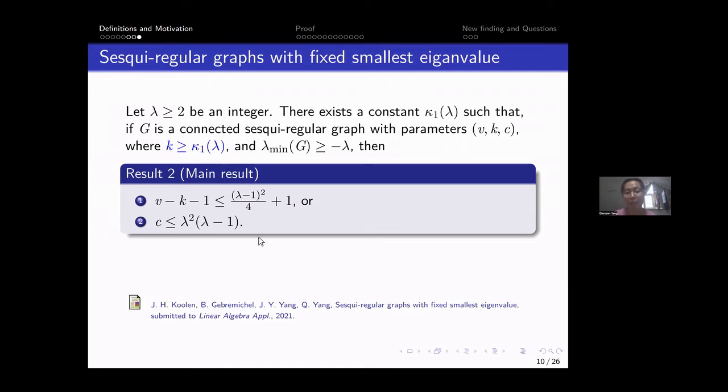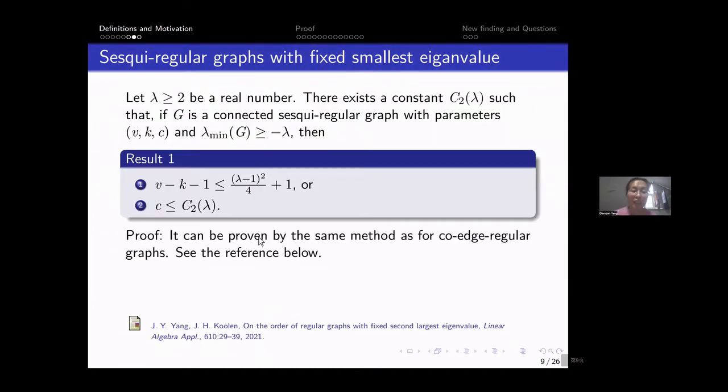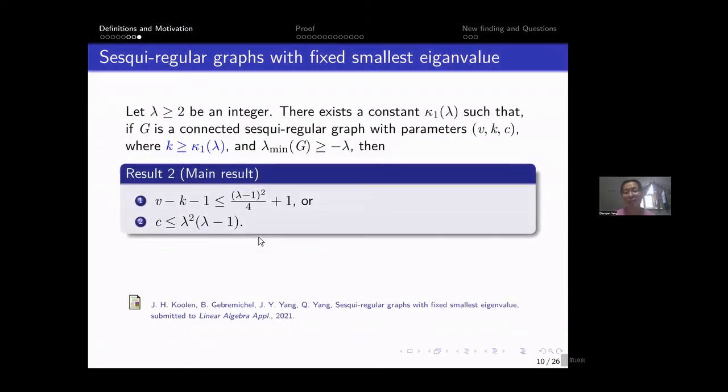Compared with the previous result, where we just say that C is bounded by a function of lambda, in the second result we say that if the valency is very, very large, then we can give a more precise upper bound on the parameter C. So actually, result one can be easily obtained from result two.